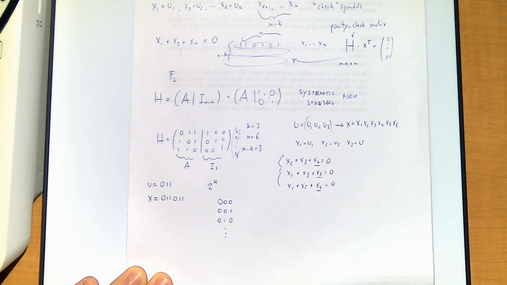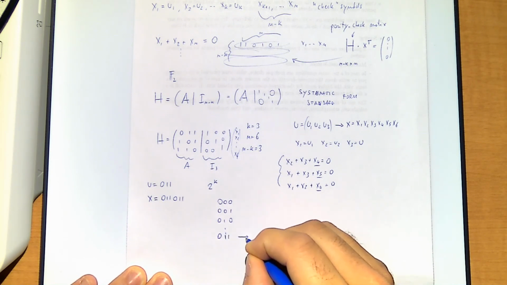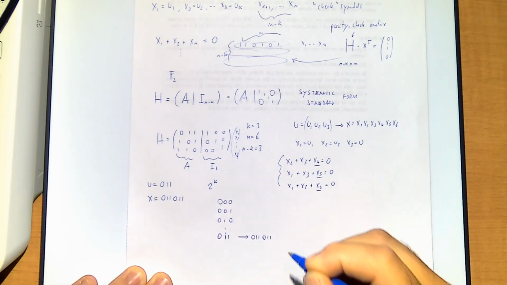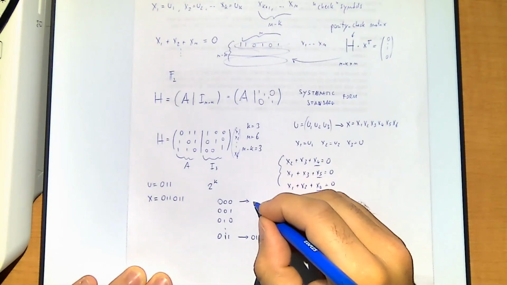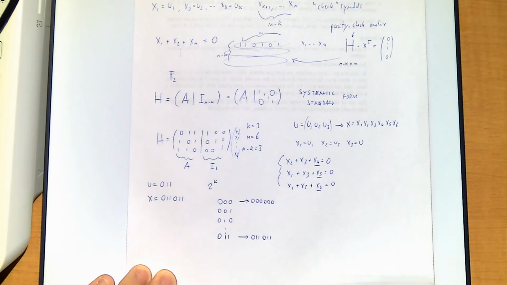In this case, I have exactly 8 of them. Yes? This will be encoded. For example, we've seen that 0, 1, 1 goes into 0, 1, 1, 0, 1, 1. 0, 0, 0 goes into 0, 0, 0, 0, 0, 0. And this is already like a big hint. The 0 message always goes into the 0 code word, right?